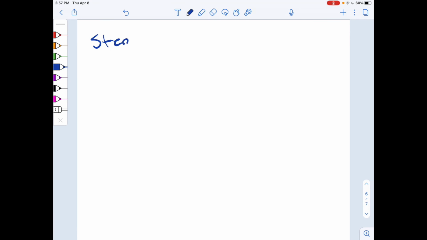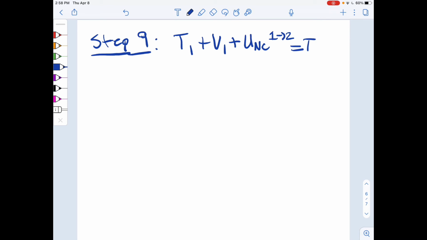All right, to finish this problem up, we're going to get to step 9, which is the work energy equation. This equation is defined as T1 plus V1 plus UNC from 1 to 2 is equal to T2 plus V2. Being that our T's are kinetic energy, V is the potential energy, and UNC is the work done by non-conservative forces.